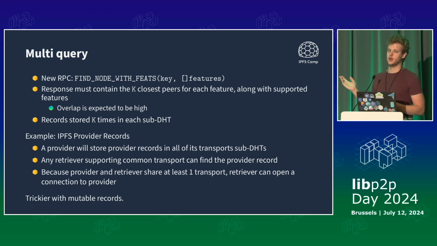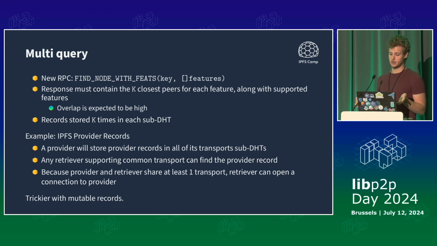And so in IPFS, we have a key value of 20, which means that we will have at most a response of 40 peers instead of 20 that we used to have with the normal find node RPC. But we expect to have a high overlap because maybe a lot of nodes are running both IP4 and IP6.